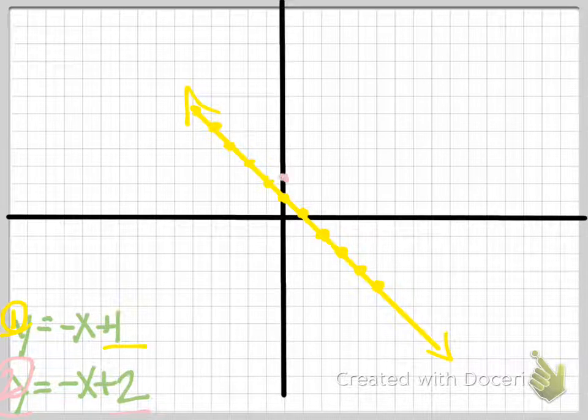Now these lines are going to be relatively close together, and our slopes are going in the same direction. And so as we graph this line, through our points.